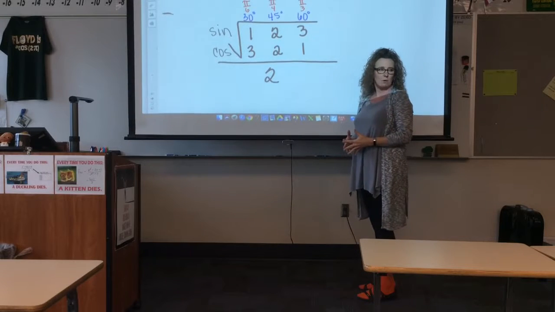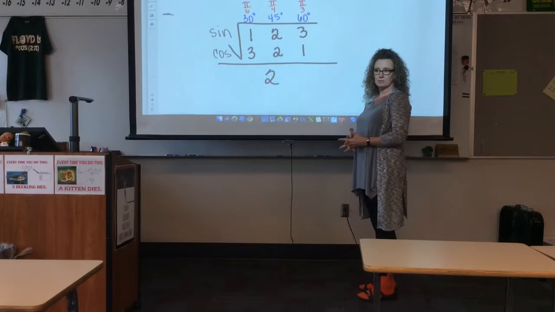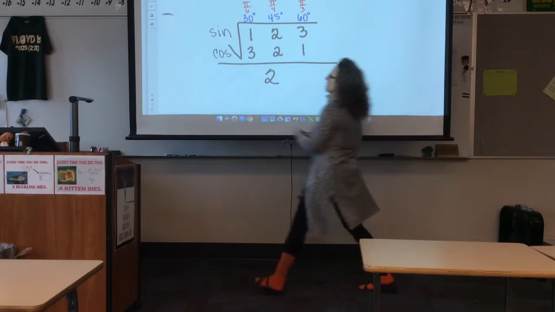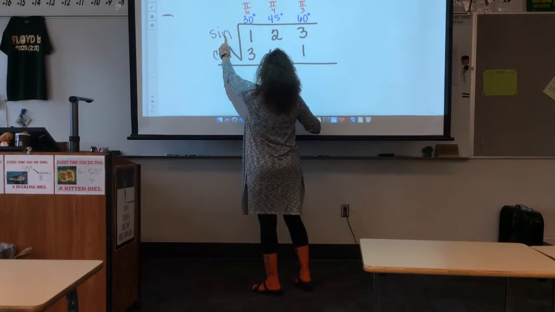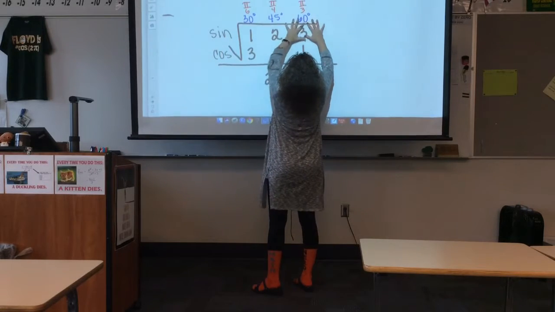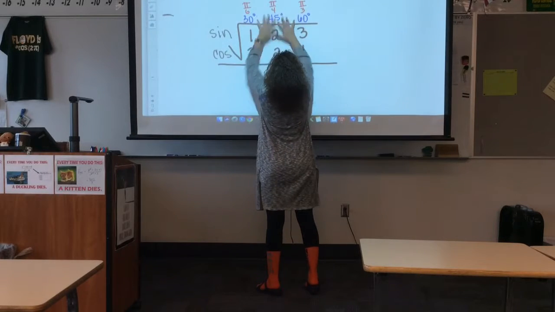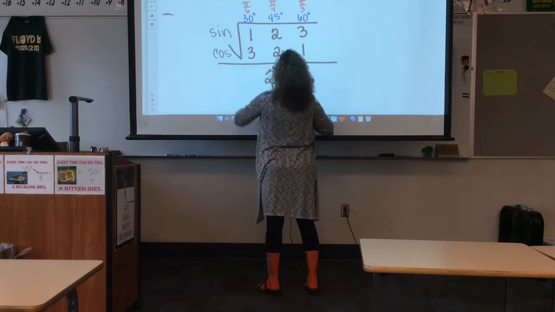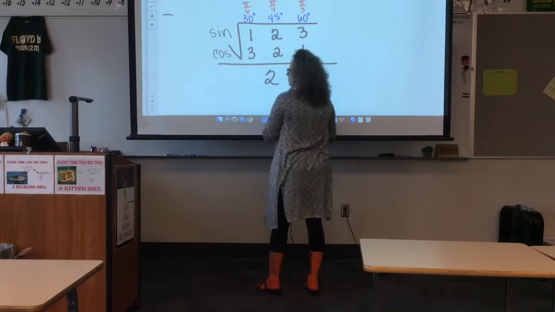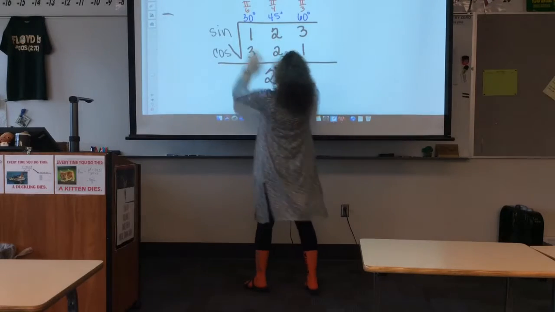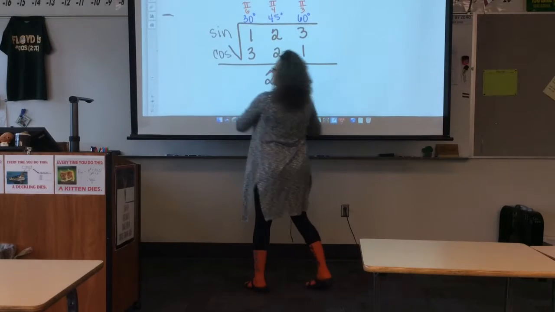Well, I think I'm just going to call that 1/2. Sine of 60 is radical 3 over 2. Cosine 45, radical 2 over 2. Cosine 30, radical 3 over 2. Sine 30, 1/2.